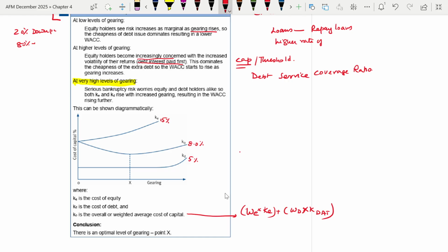We will see the point x. This is called the optimal level. The lowest point is the optimal level of debt. Is it clear to you? Yeah. Fine.